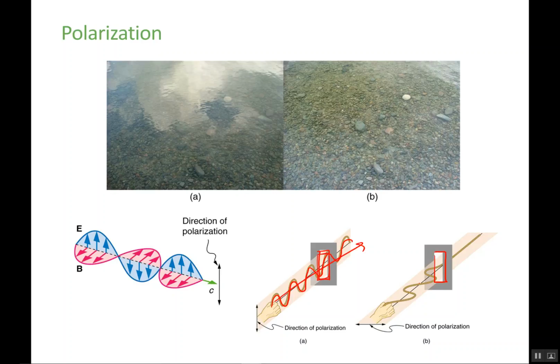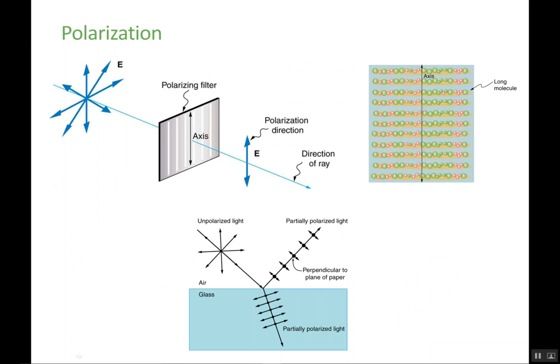But if the disturbances in the rope are perpendicular to the wide dimension of the aperture, when the waves get to the aperture, the waves will get stopped and the waves will not get through. So polarization of light is a similar type of phenomenon.